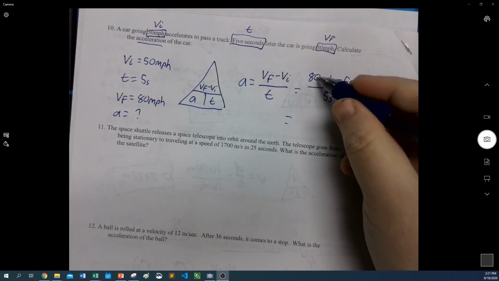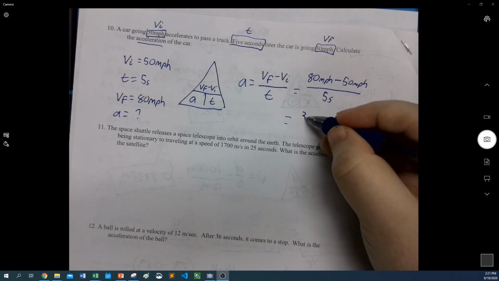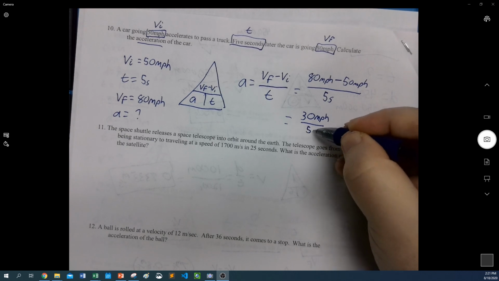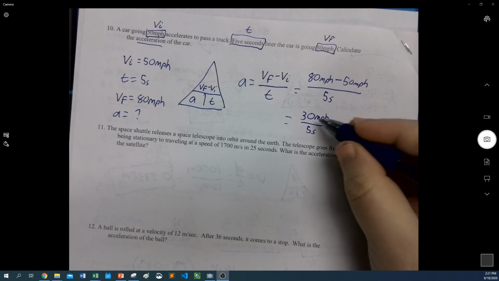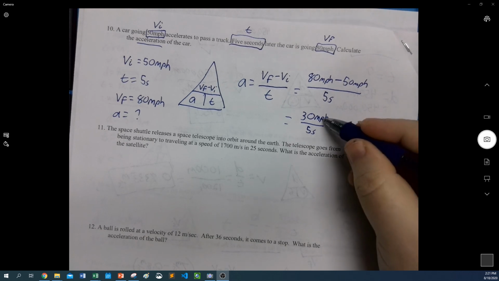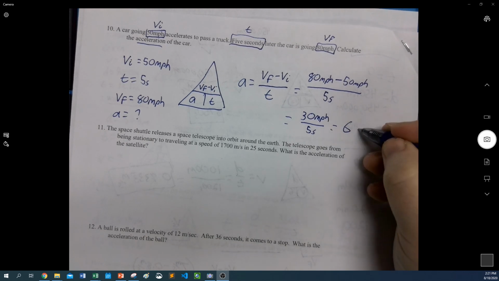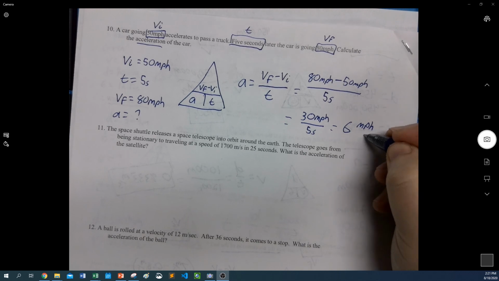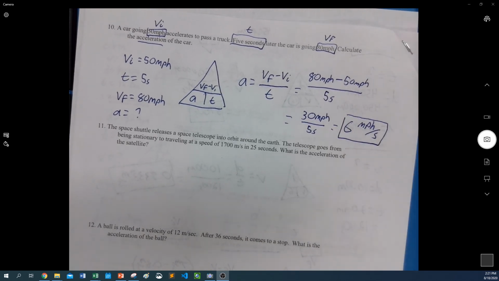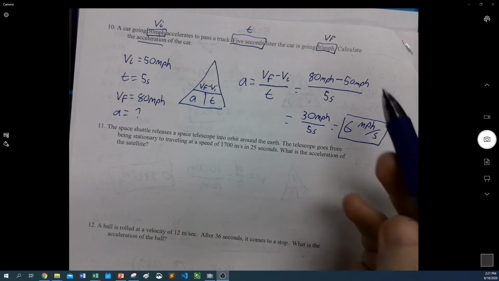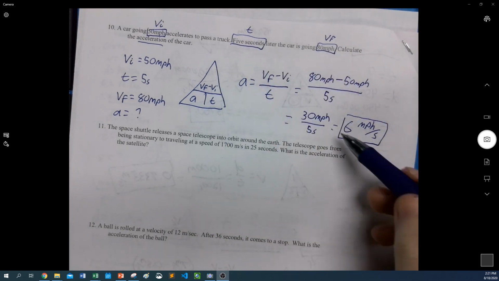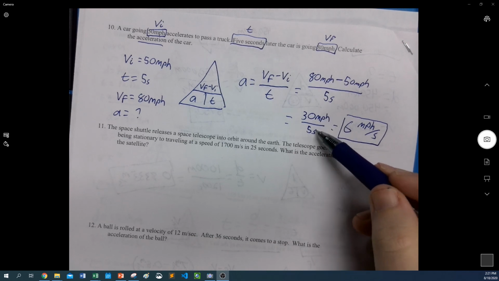And that would equal 80 minus 50 is 30 miles per hour per 5 seconds. 30 divided by 5 is 6. Miles per hour divided by seconds is miles per hour per second. So again, for acceleration, the units will be the same units as velocity divided by your time. So miles per hour per second.